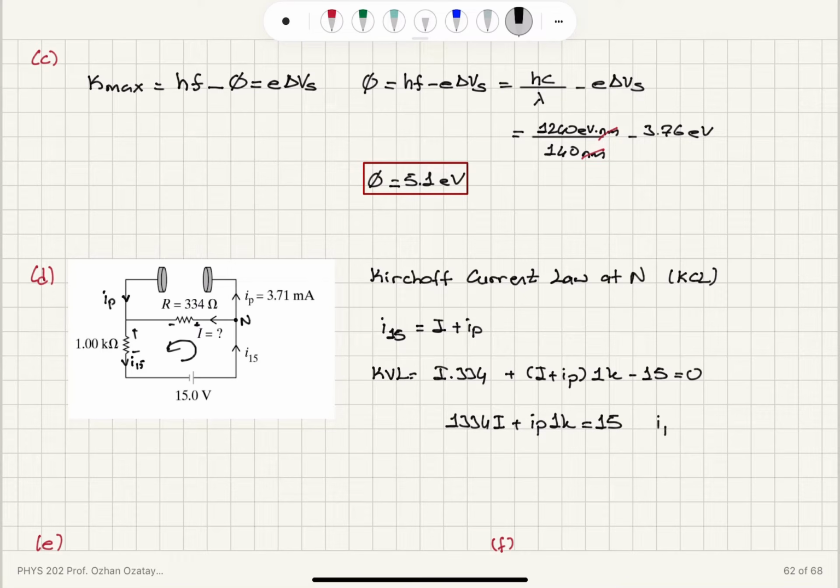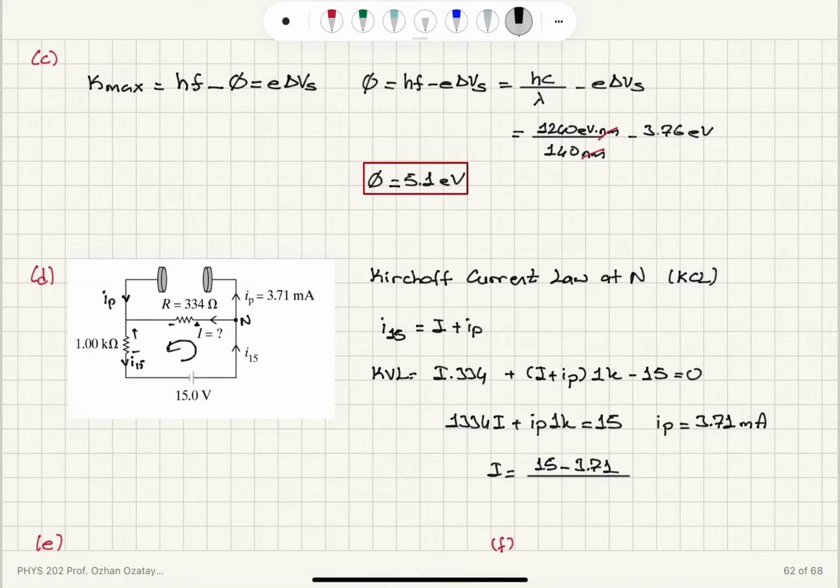And the photocurrent was given to me as 3.71 milliamps. Therefore, I can calculate the current I to be 15 minus 3.71 milliamps multiplied with 1K, so they will cancel. I will be left with ohms.